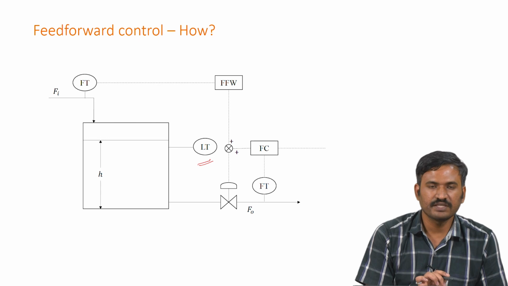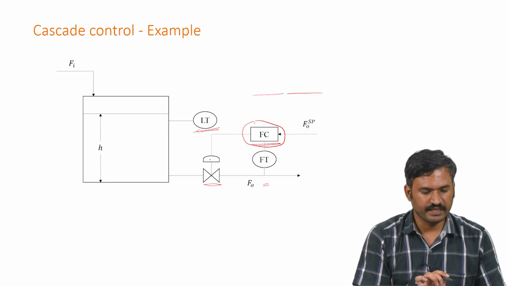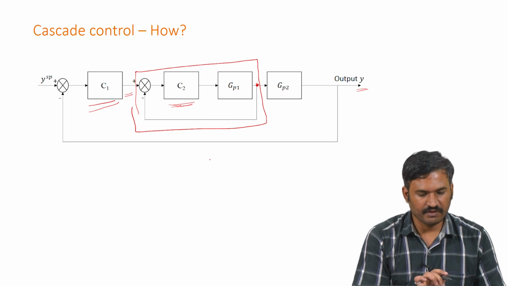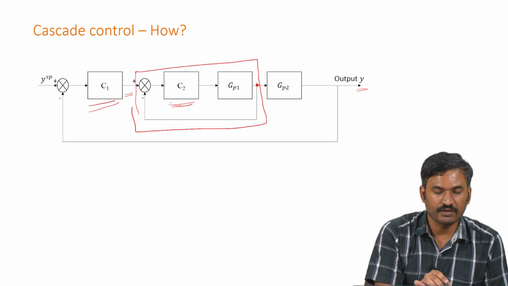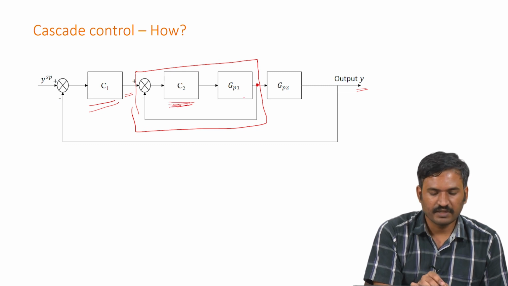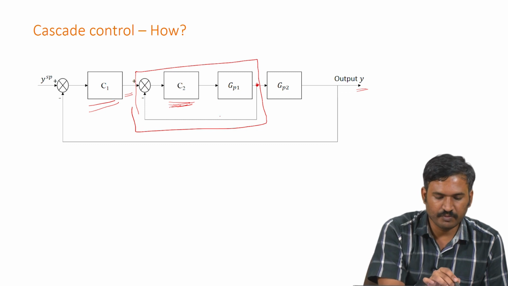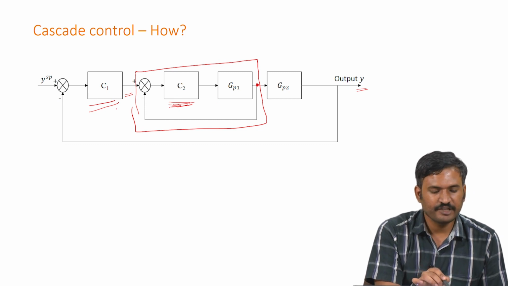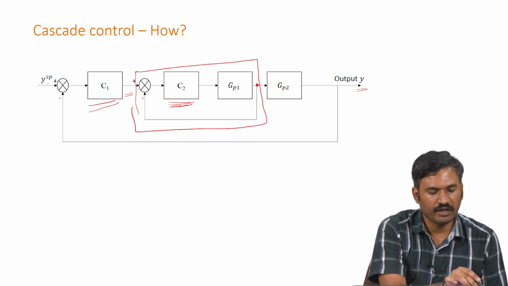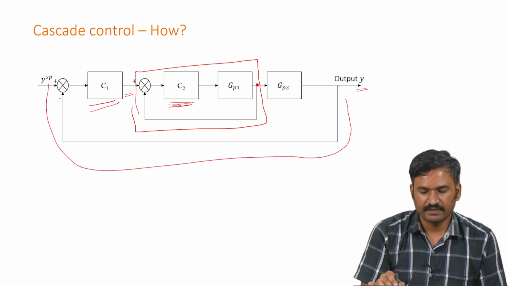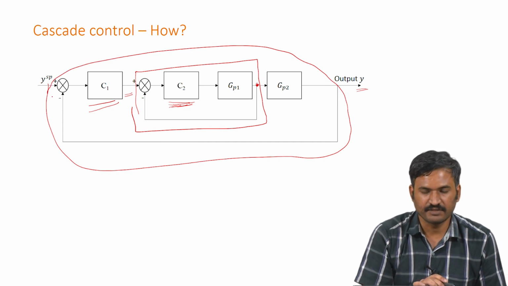A cascade system is in general tuned from inside out. So, first you tune the controller C2 so that you have the desired response from this inner loop, and then you tune C1 such that the whole closed loop has the desired trajectory or desired response.